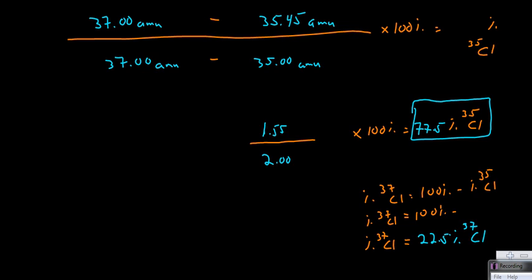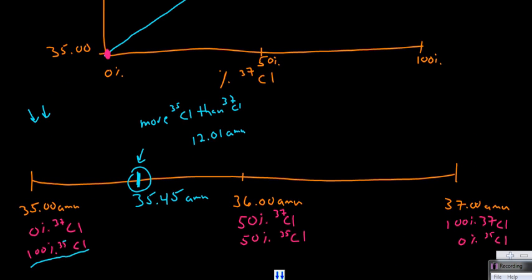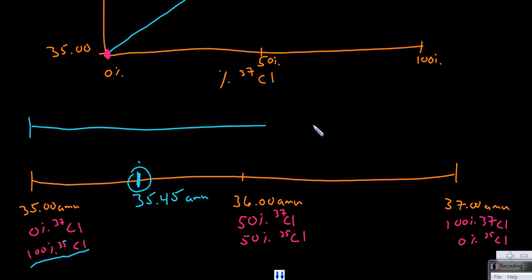I just kind of view this on a number line a lot of the time without even writing out that entire equation. What I do is I say the difference between chlorine-35 and 37 is 2.00. The difference between our smaller number and our mixed number is 0.45.